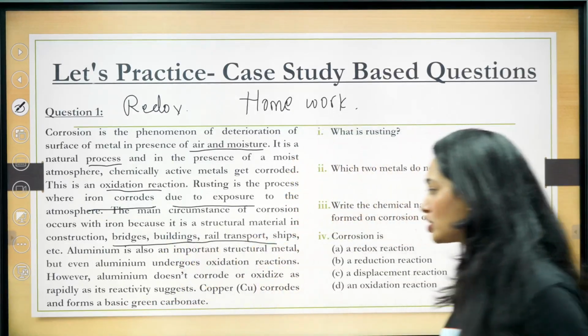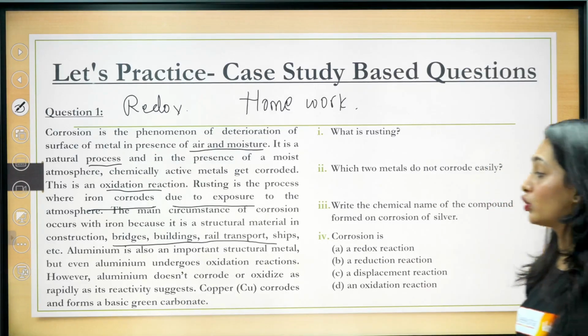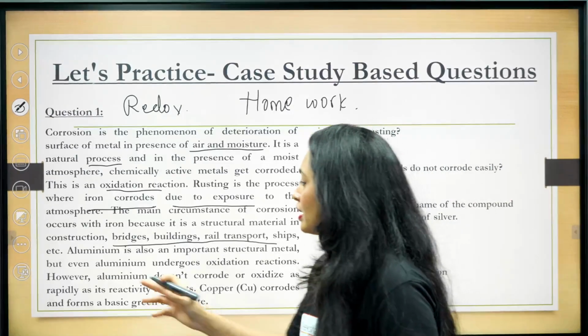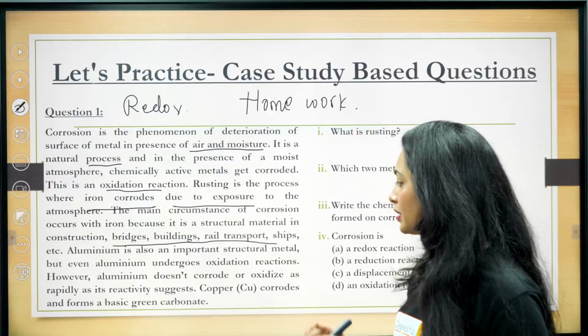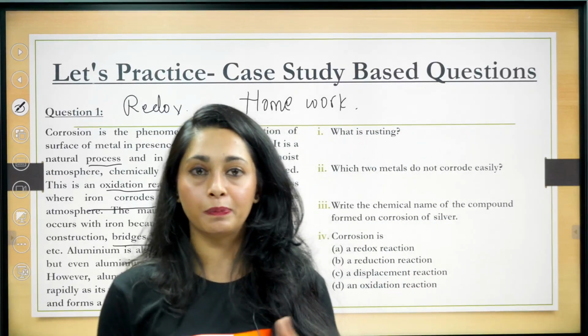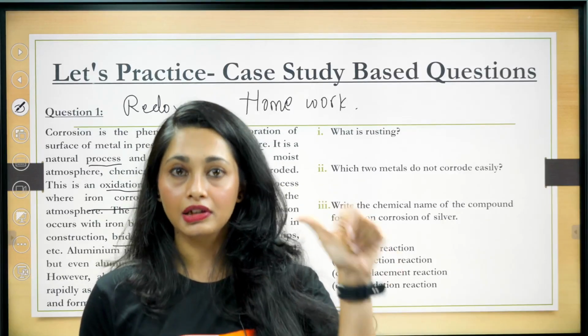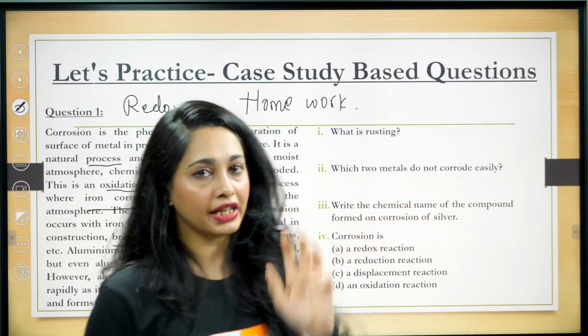Next, aluminium is also an important structural metal, but even aluminium undergoes an oxidation reaction. However, aluminium doesn't corrode or oxidize as rapidly as its reactivity suggests. Copper corrodes and forms a basic green carbonate. They have explained the corrosion of iron, aluminium and copper. This is something that we need to comprehend here.